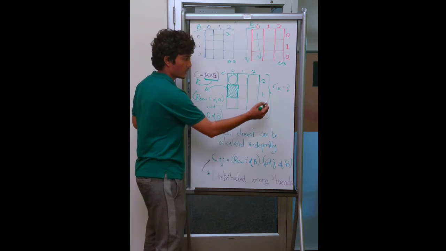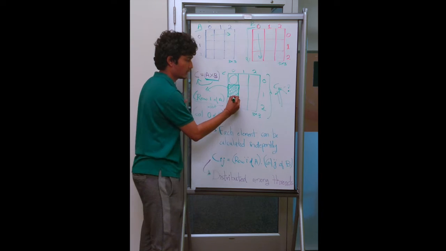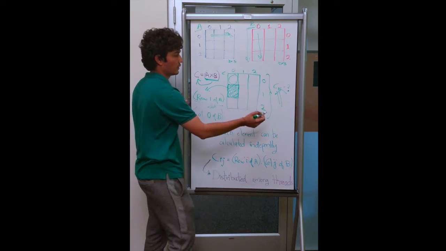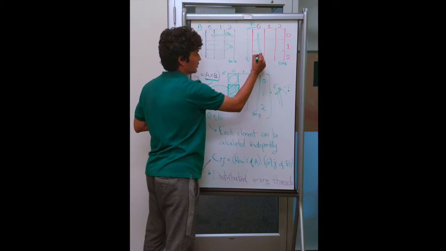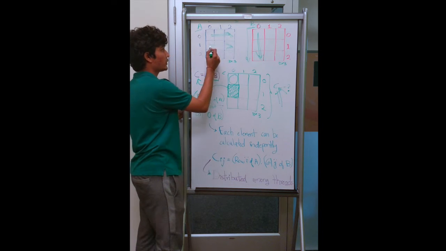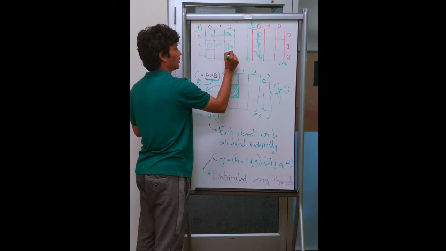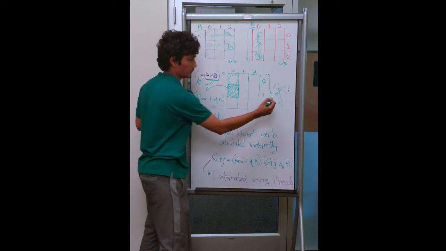For instance, if I want to get the element C[1,0], that is this element, I would traverse through the first row of A and the 0th column of B. And then I would dot product the corresponding cells and add them up to get this value.